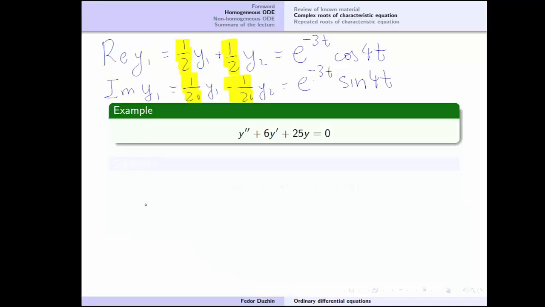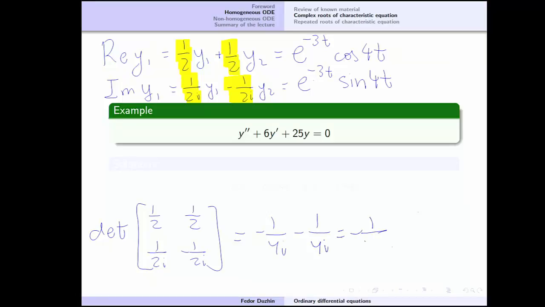And so the matrix of coefficients is 1/2, 1/2, 1 over 2i, minus 1 over 2i. We need to calculate its determinant. It is going to be minus 1 over 4i minus 1 over 4i, which is minus 1 over 2i. The important thing is that it is non-zero, which means that the matrix is non-degenerate, and therefore these two solutions are again linearly independent.